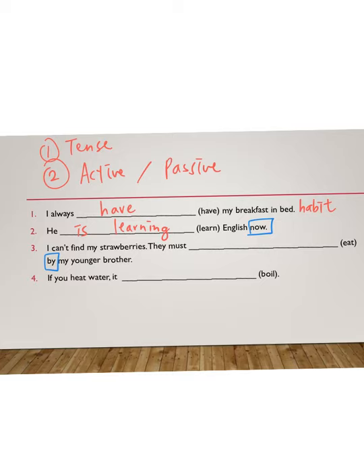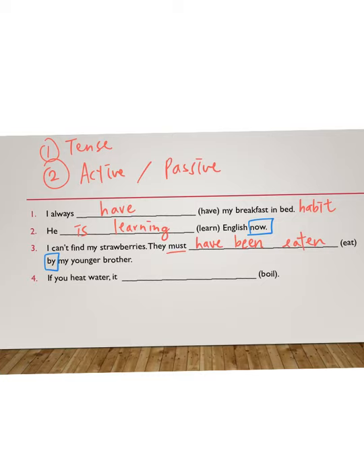Plus, we are talking about a recent completed action, so we have to use present perfect tense and passive voice. Present perfect passive becomes have been, and the past participle for eat is eaten. So: I can't find my strawberries. They must have been eaten by my younger brother.